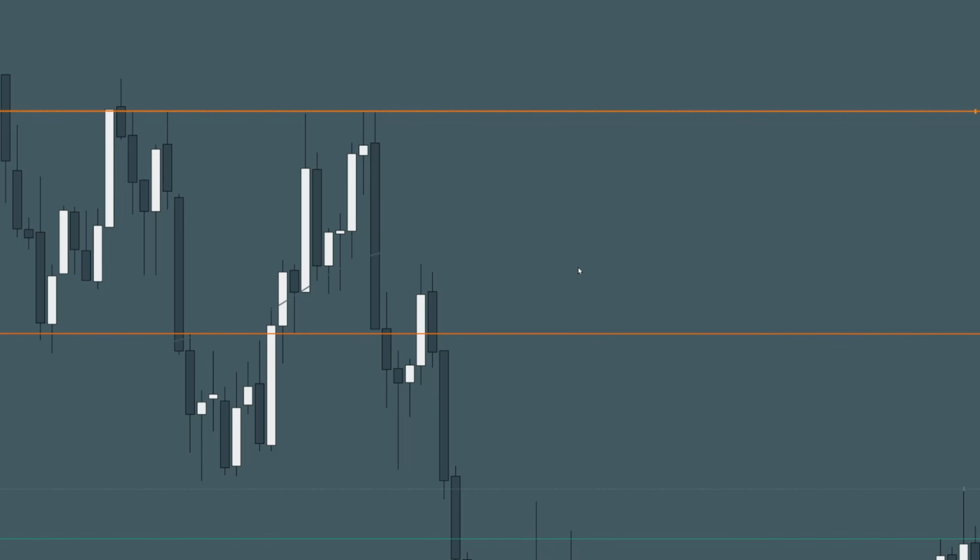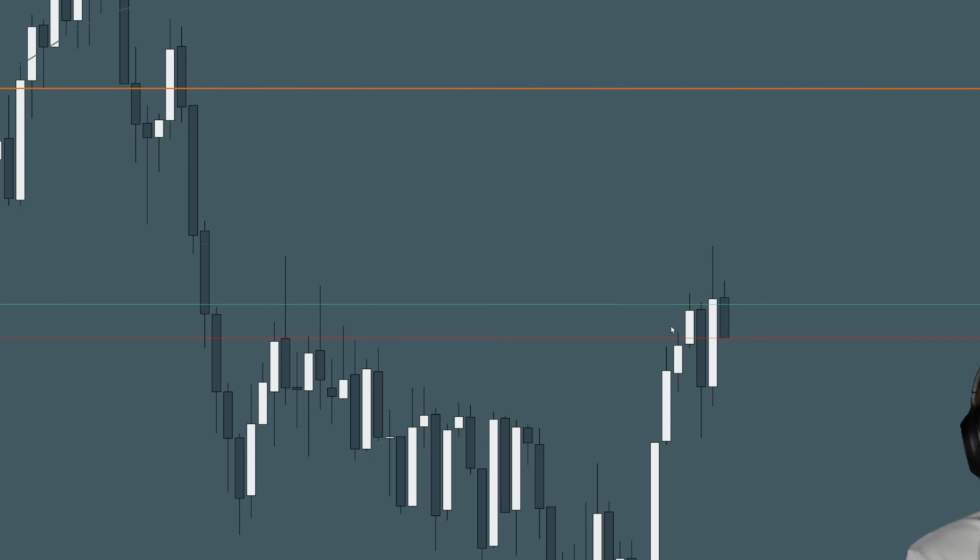If I set it here and the price comes to this area, my trade will be triggered by this green line, which is not the line that is drawing the candle, but the line that is in front of the candle.